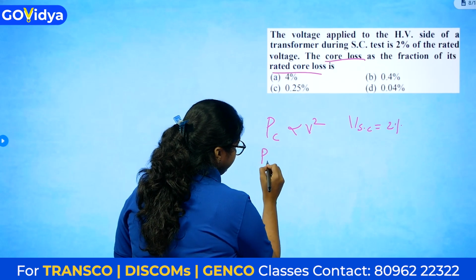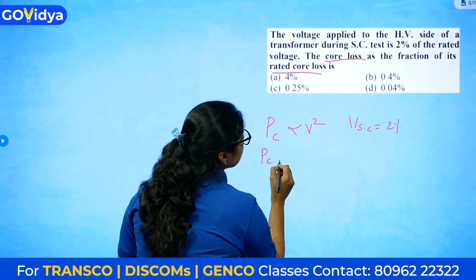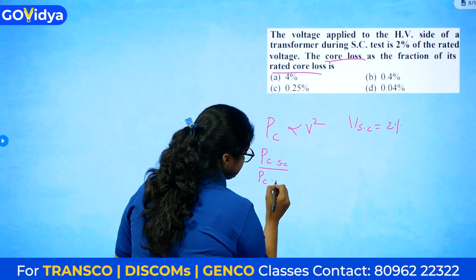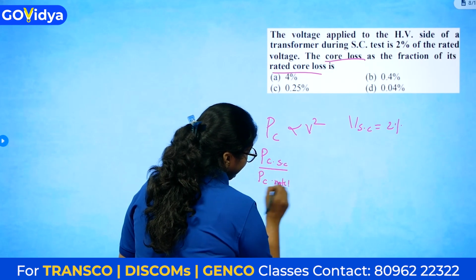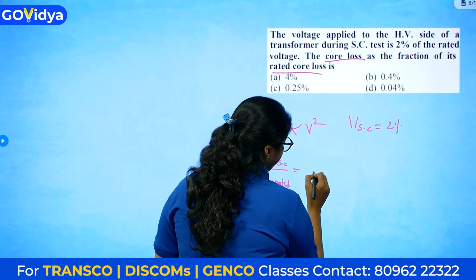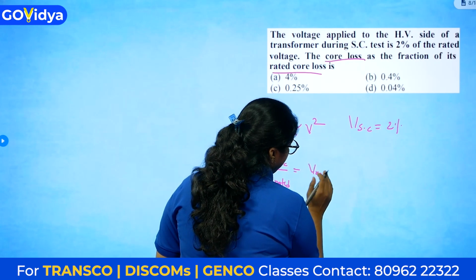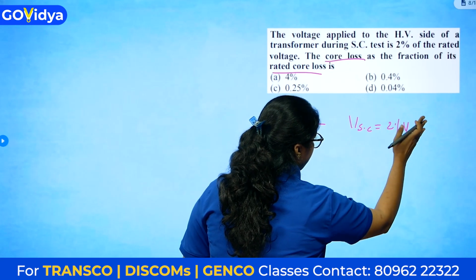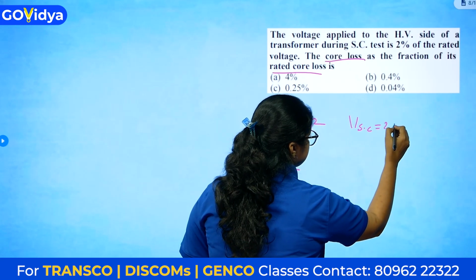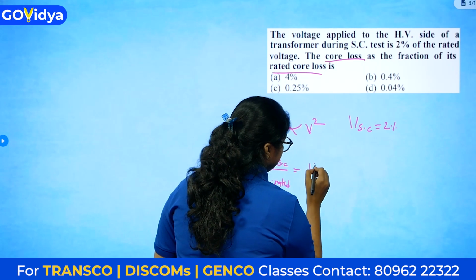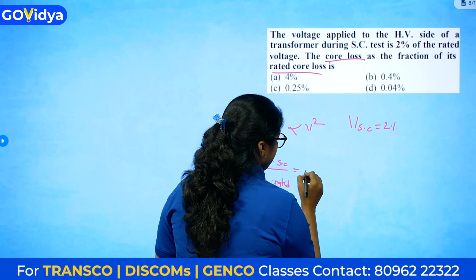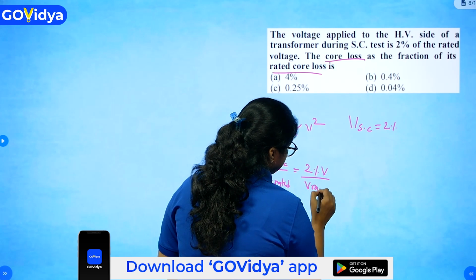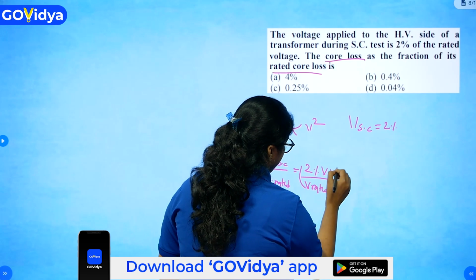So I will write the core loss at short circuit by the rated core loss is equal to V short circuit by V rated, whole square. I will take VSC as 2% of V, so 2% of V by V rated whole square.